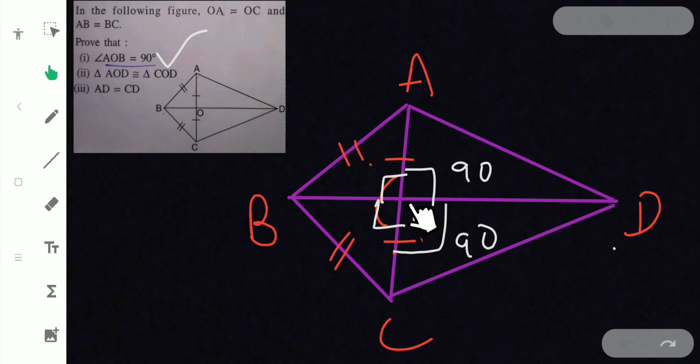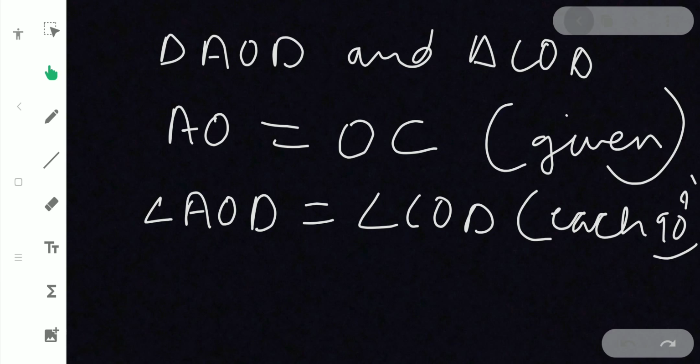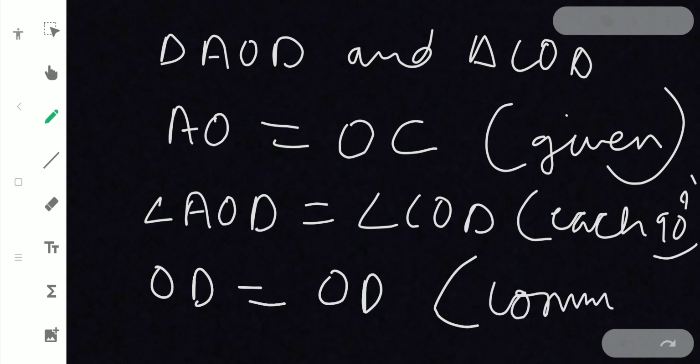And at last we are having OD is equal to OD, as it is common for both the triangles. I will write common.